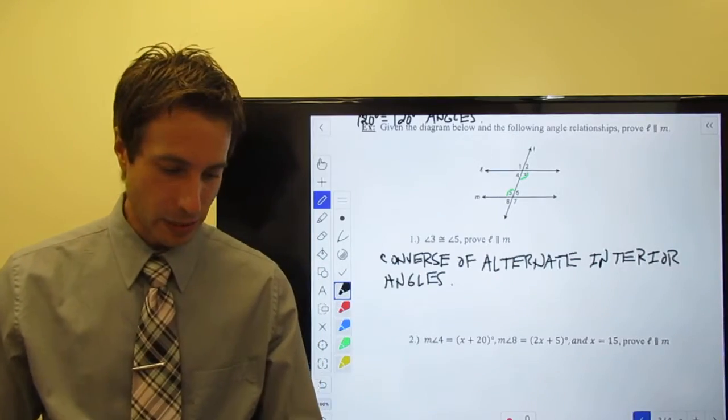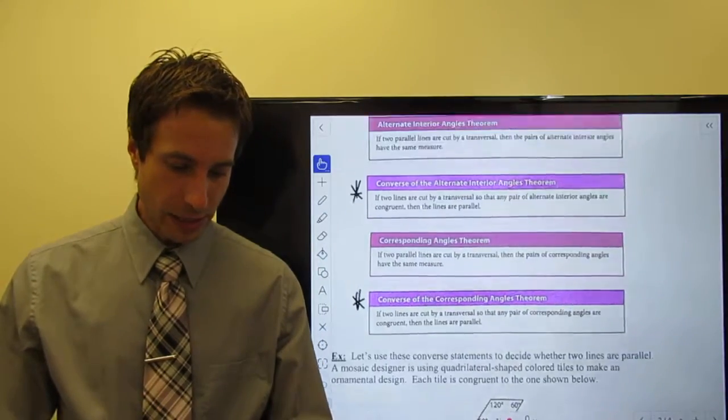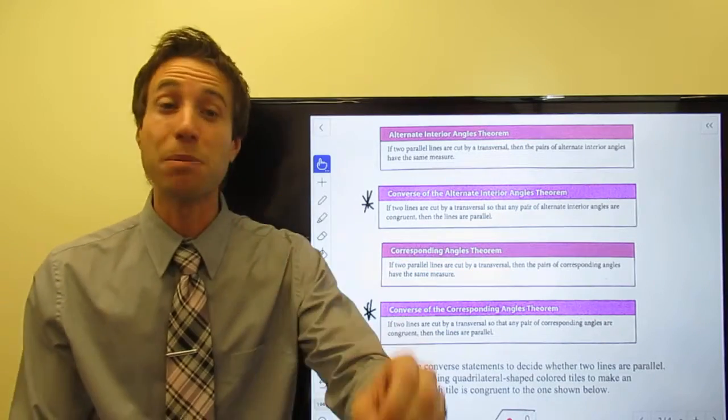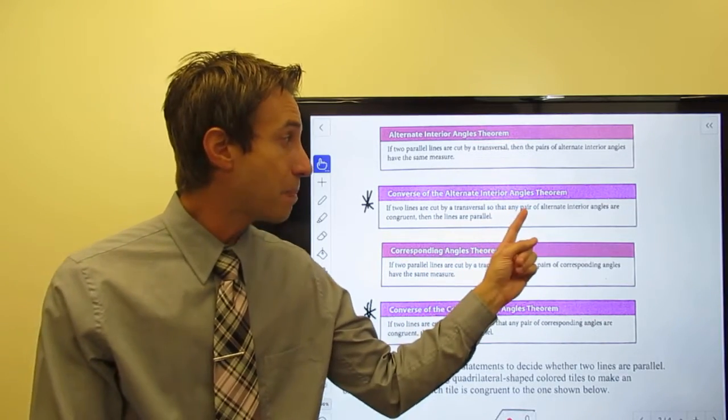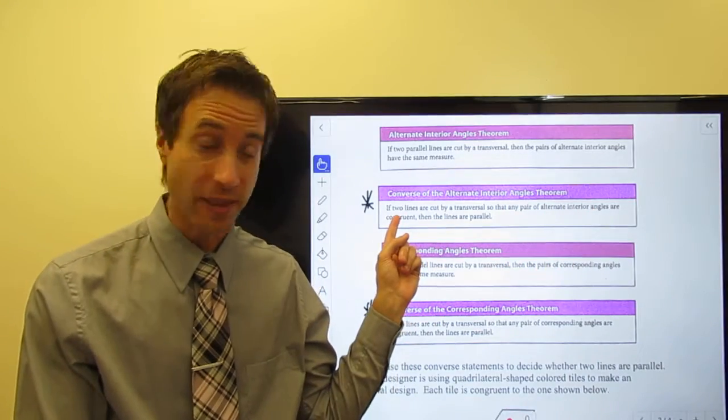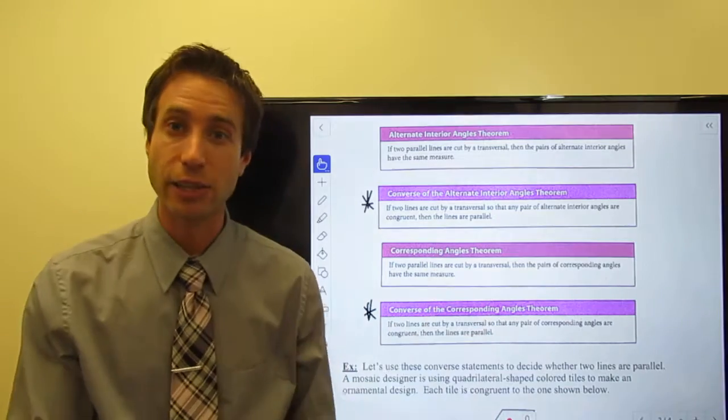Let's go back and look at it. It's right here. Converse of the alternate interior angles theorem: if I can prove that any pair of alternate interior angles are congruent, then the lines are parallel.